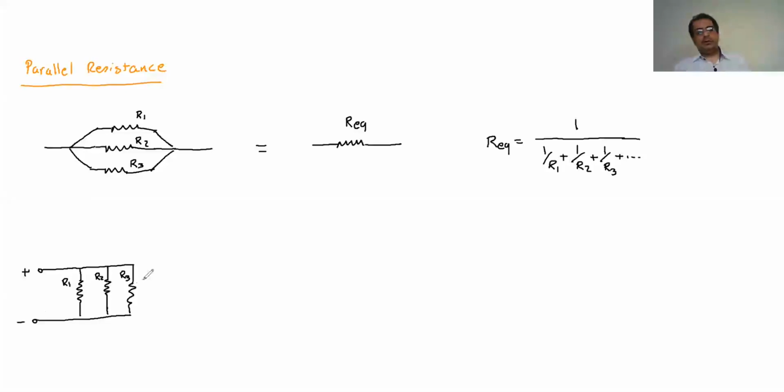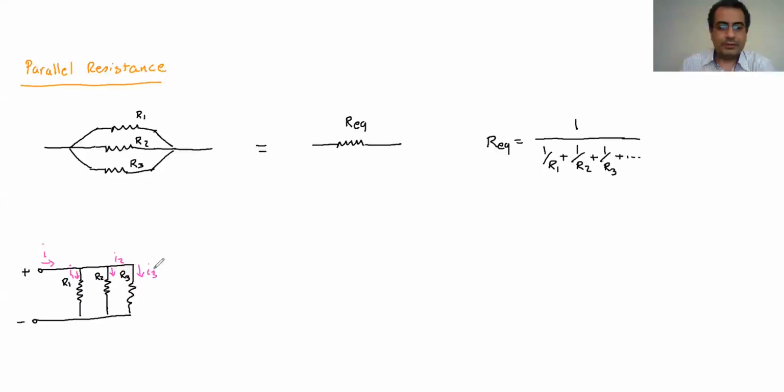And remember, when we were talking about parallel, if you have the I going in, then that I goes here as I1, then you have I2, and then here I3. That is just Kirchhoff's law. It's going to split into three currents: I1, I2, and I3.